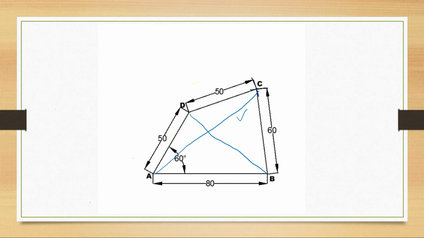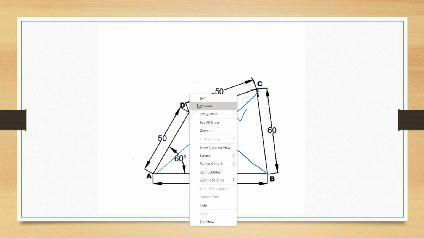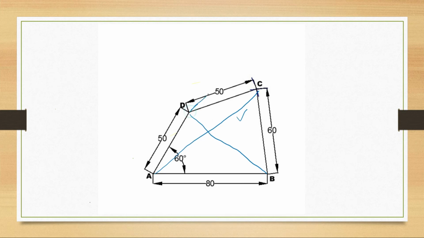I will ask you to set your drafter parallel to the hypotenuse AC, and then shift it to point D, and from point D draw one line which is parallel to AC. These lines will be the guidelines for our triangle.